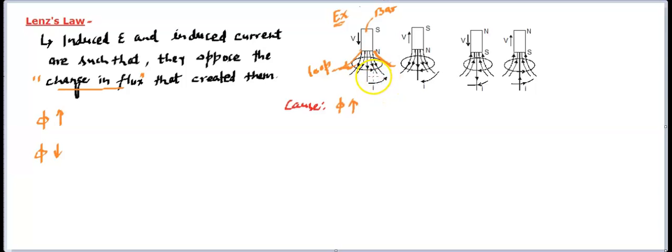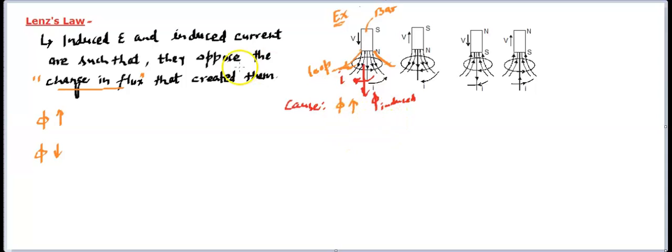Now why not the other way? If you consider this, then it will become crystal clear. Suppose I have considered it in this way, then this flux will come out to be this. This will be the flux due to the induced current, so we can call this the induced flux. And this induced flux will be in the same direction as the original flux, which was increasing. So this will be added up and it will increase further.